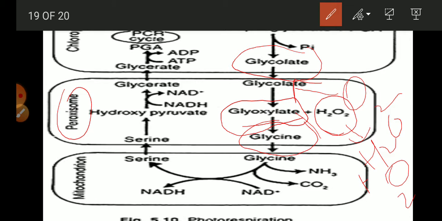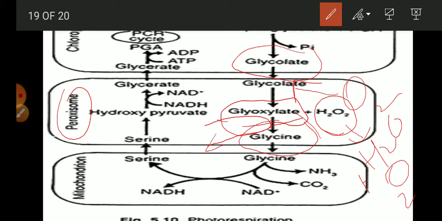And glycolate changes into glyoxylate. This glyoxylate then changes into glycine, and here glutamate enters and changes into alpha ketoglutarate.